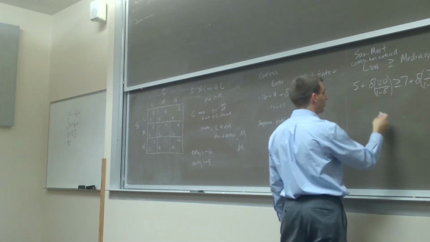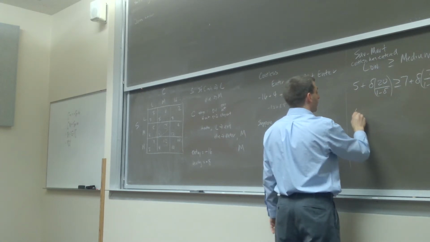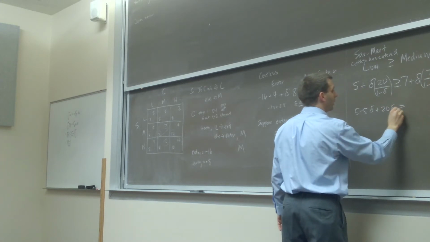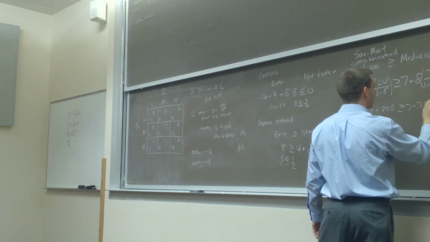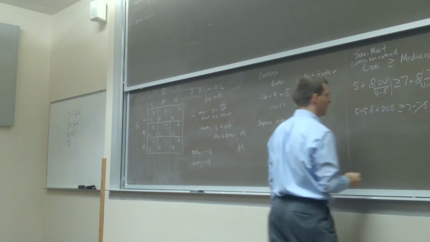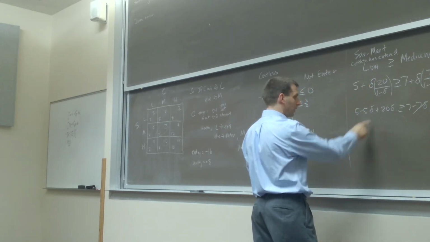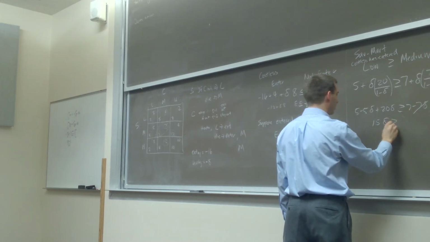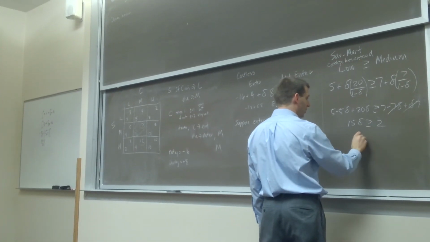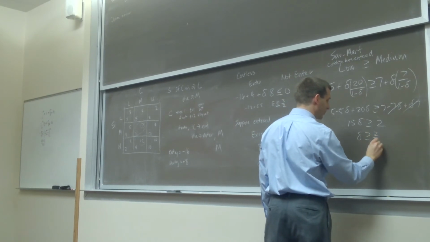That's a pain, but we can do it. Figure 5 minus 5 delta plus 20 delta is greater than or equal to 7 minus 7 delta plus 7 delta. Those 7s cancel out. So now we're left with 15 delta greater than 2.